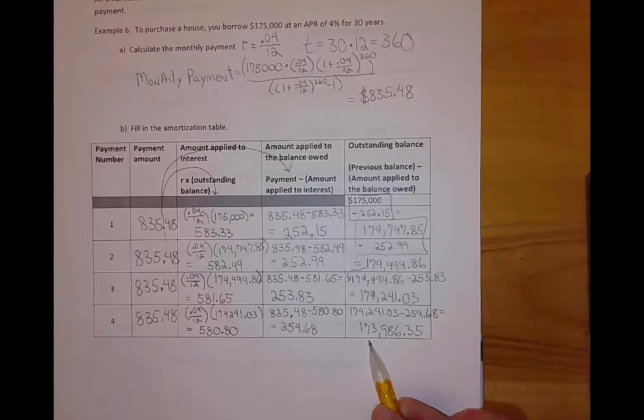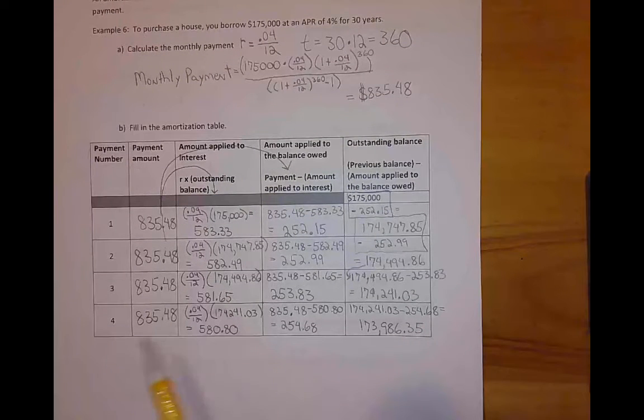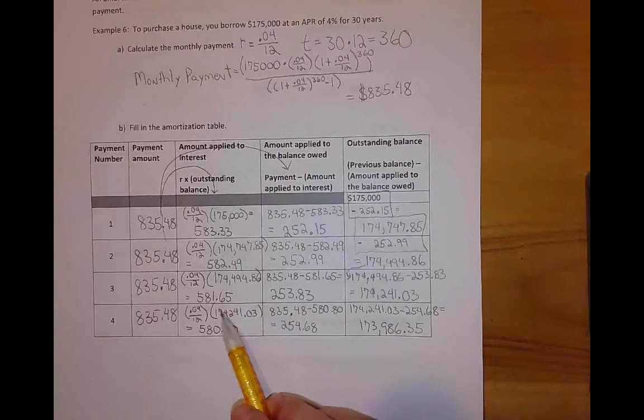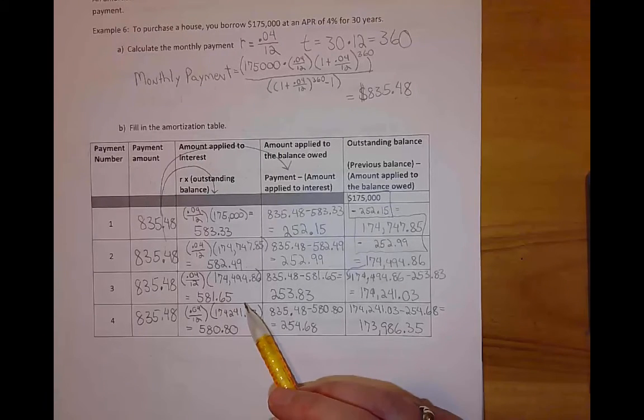Notice my final outstanding balance after 4 payments is $173,986.35. If you didn't get this, look for your error. Try to find the first place where our numbers differ, and then figure out what your mistake was.